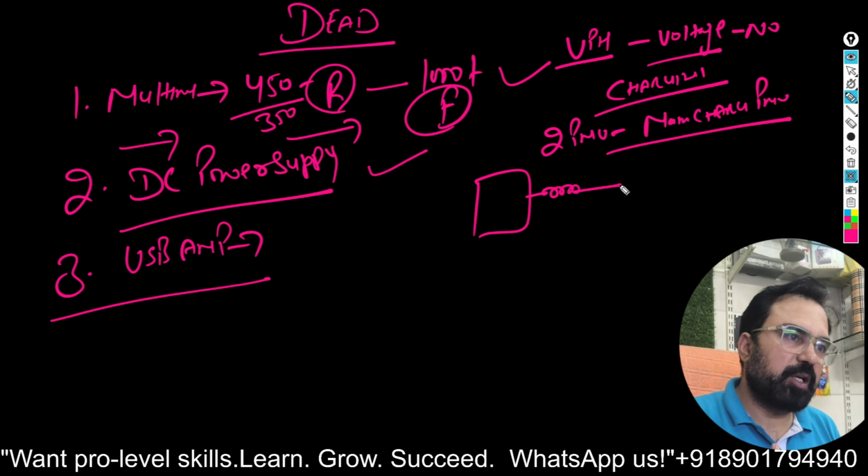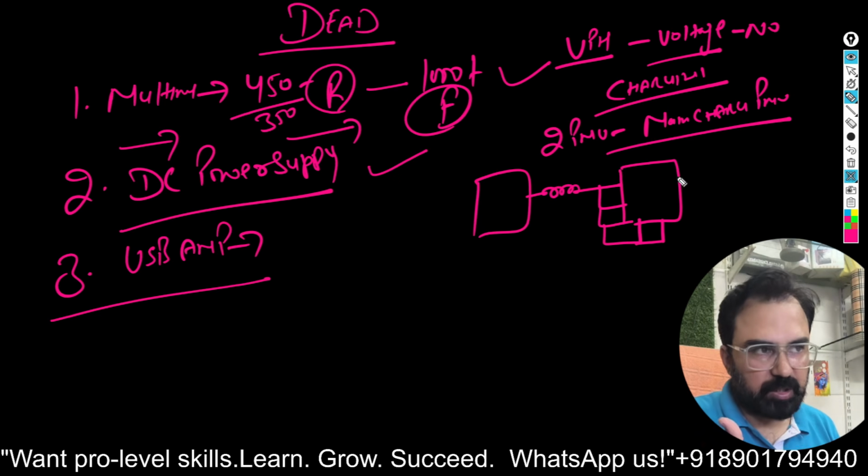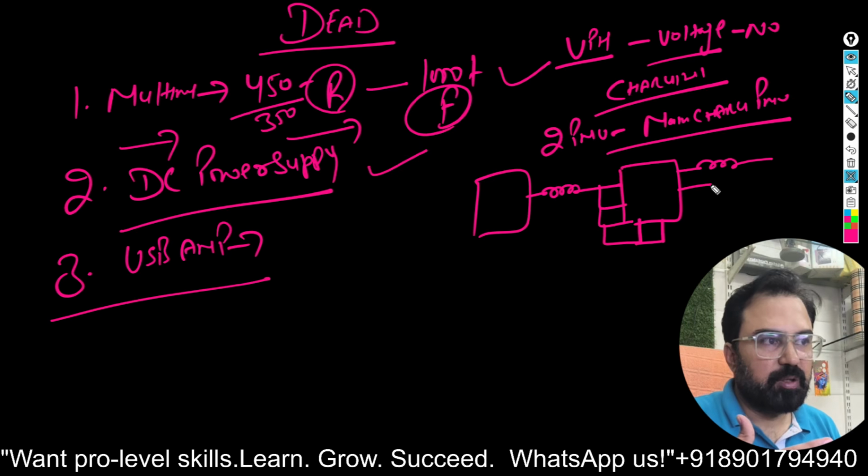Now let's say this is a VPH. Now VPH is connected to multiple points. Now there is a thing: if VPH does not generate, your PMU does not boot, right? PMU does not generate the outputs.